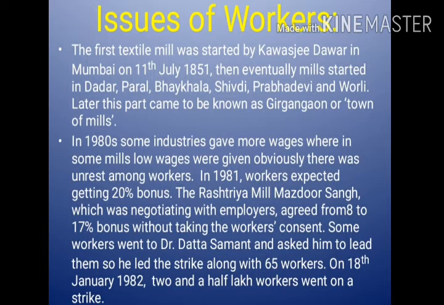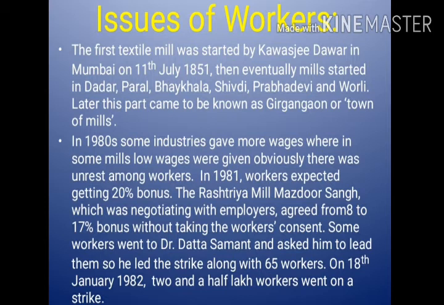So the first mill was started in 1851, and then slowly other places also saw factories started, like Bhaikhala, Shivdi, Parel, Dadar, Prabhadevi and Worli. So obviously this whole area came to be known as the Town of Mills, Girgaon. Then in the 1980s, some industries were giving more wages, some were giving less.